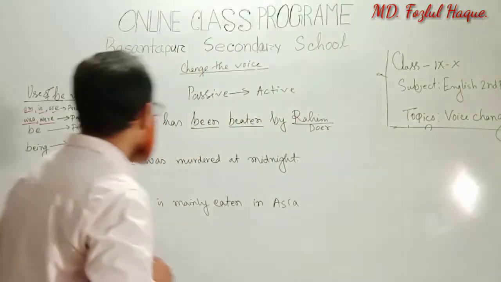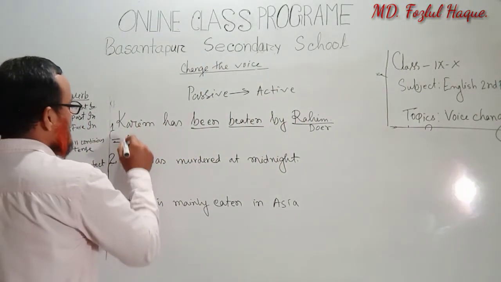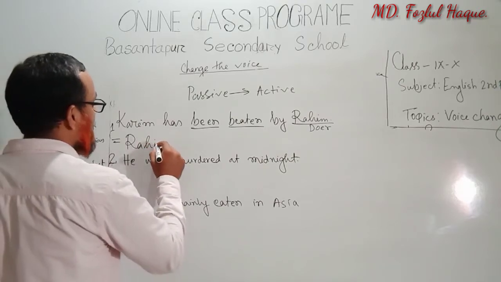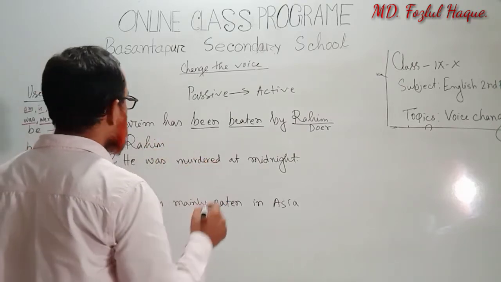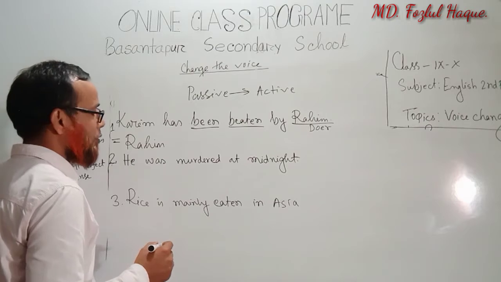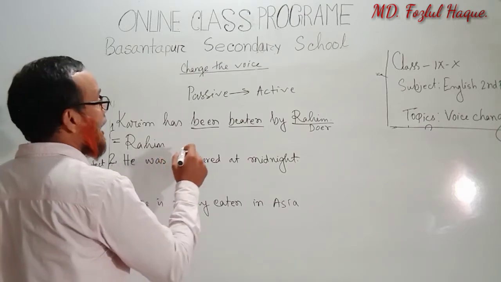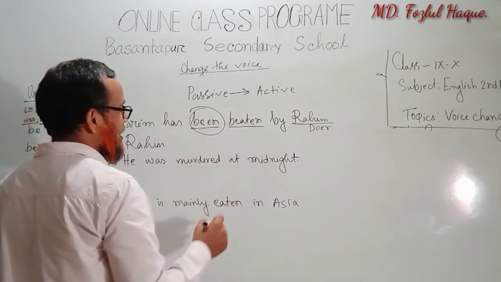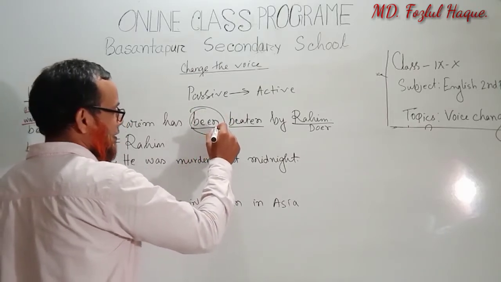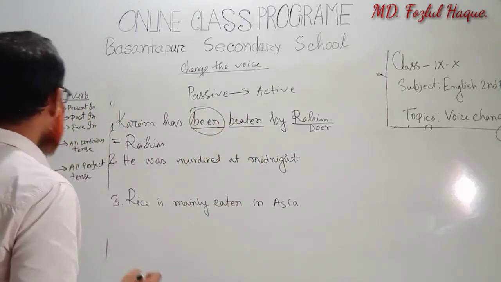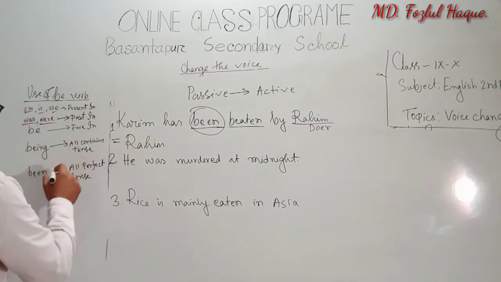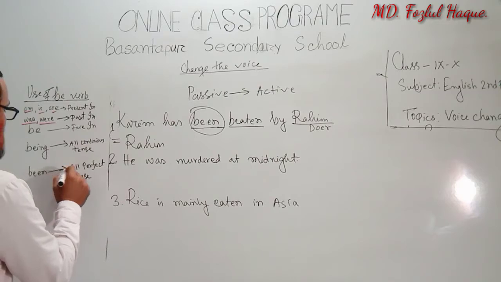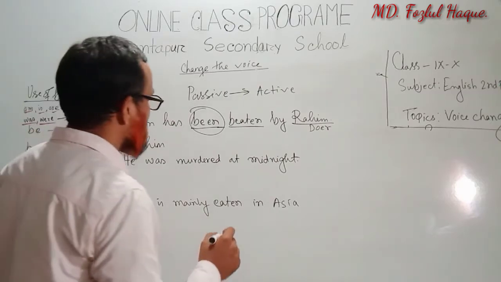So Rahim is used as the subject of active voice, and the be verb is been. Been identifies that it is perfect tense. Been is used to make passive in perfect tense.